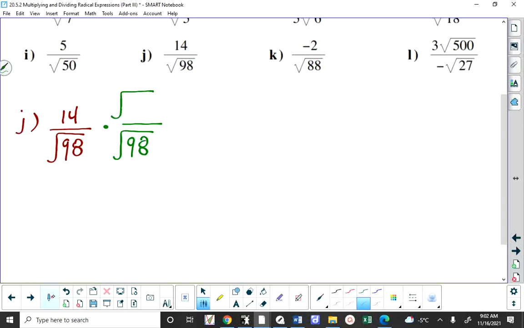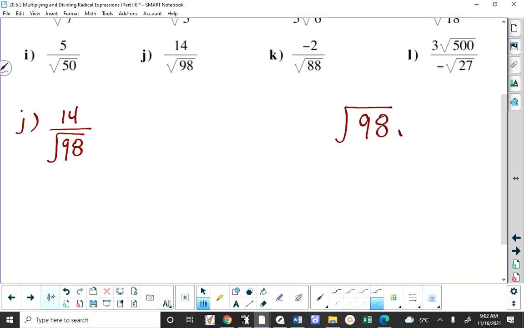Well, I shouldn't say it's an unwise move. I think it's better to simplify the radical first. This will still work, but you're going to end up with 98 on the bottom, 14 on the top. You're going to have a lot of reducing to do. So instead of doing that, let's rewrite root 98 in simplest form.